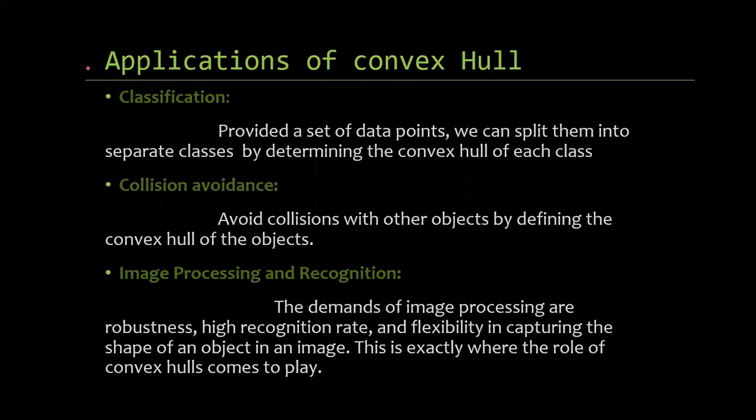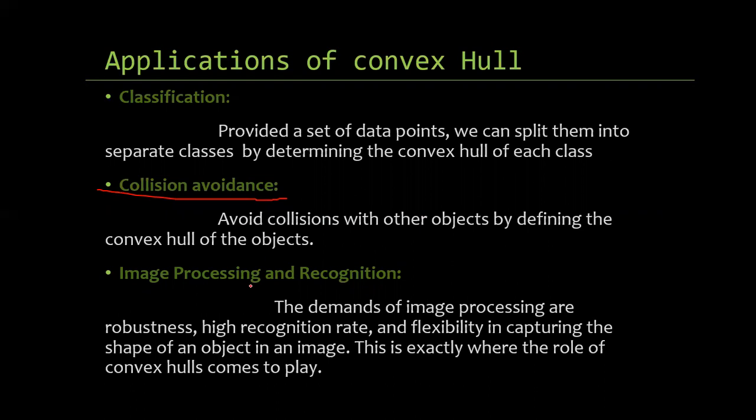Now, applications of the convex hull. First, classification. Given a set of data points, we can split them into separate classes by determining the convex hull of each class. Now, collision avoidance, which is used nowadays in Tesla cars: avoid collision with other objects by defining the convex hull of objects.